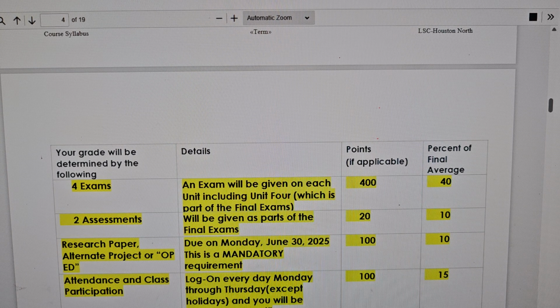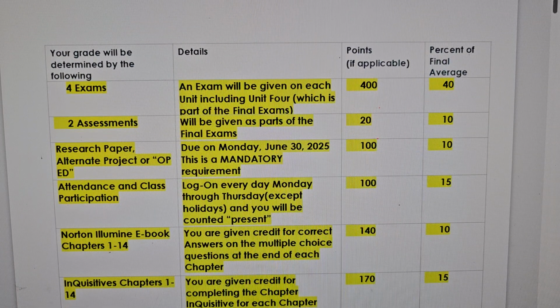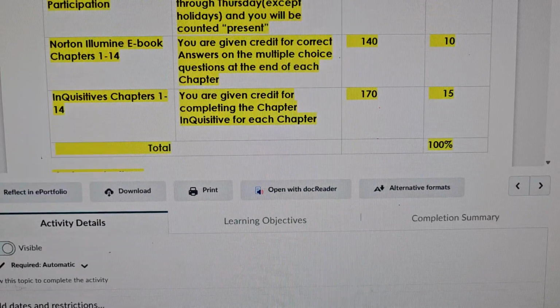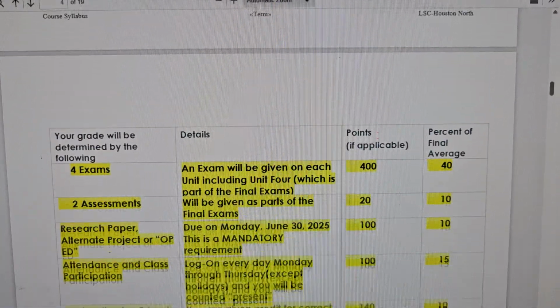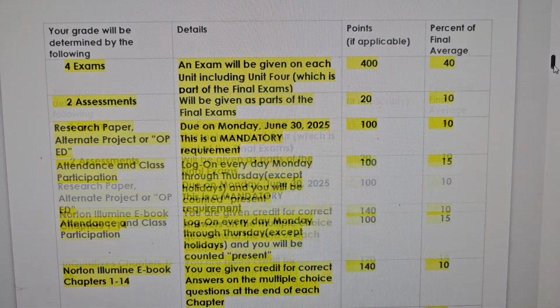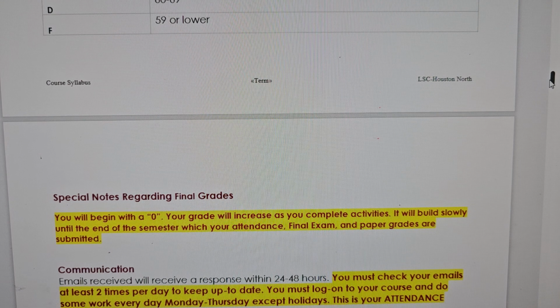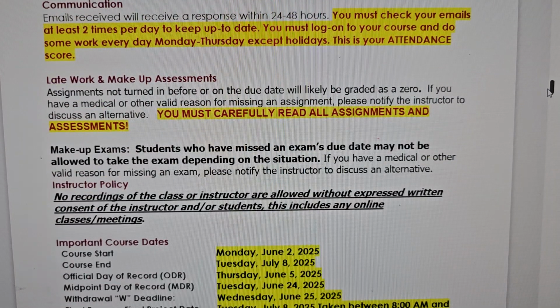And the questions in the ebook, you get a total of 10 points for those. And then the inquisitives, you get a total of 15 points for those, and that totals out to be 100 points. So that's pretty much the gist. There's a lot more in the syllabus, and it has important dates.